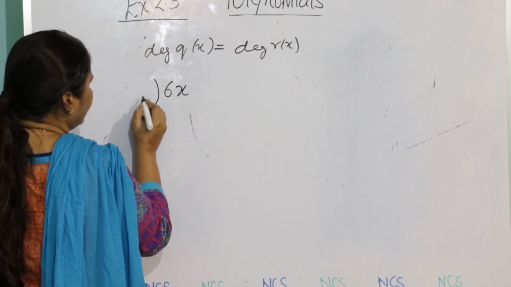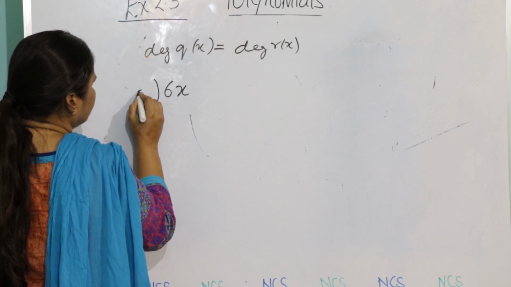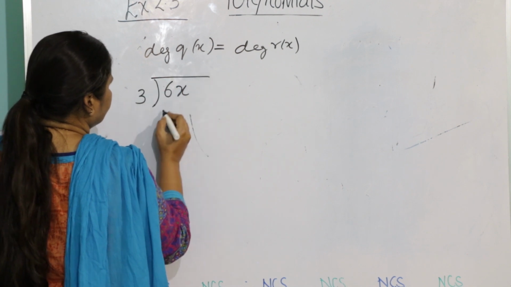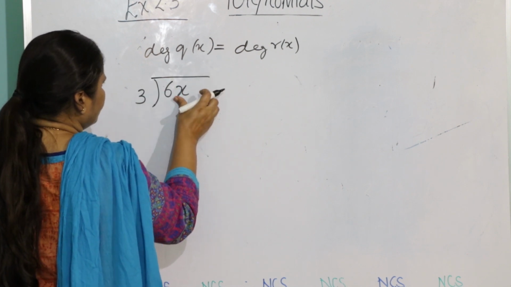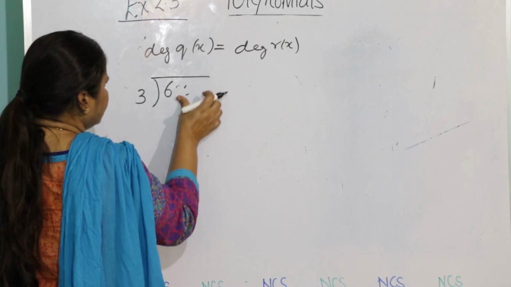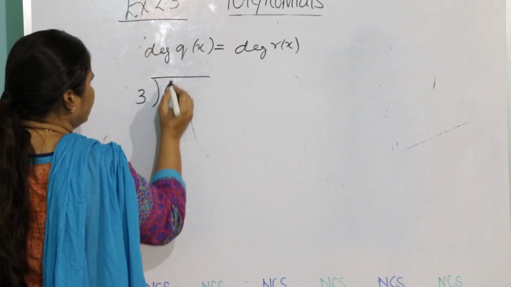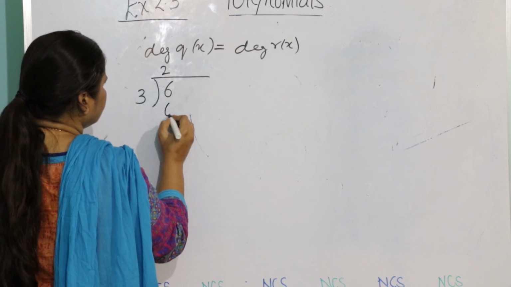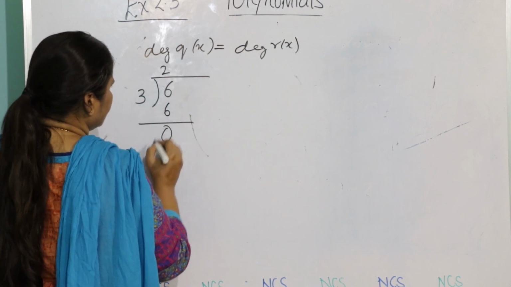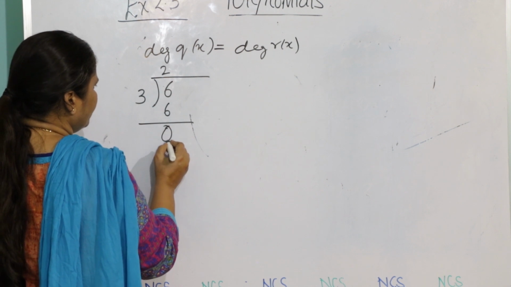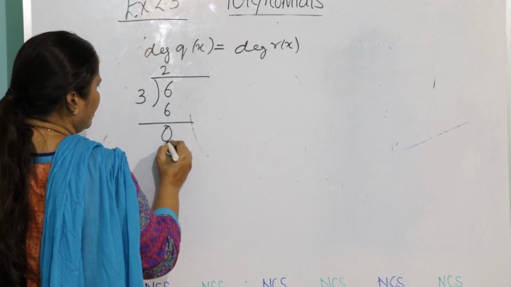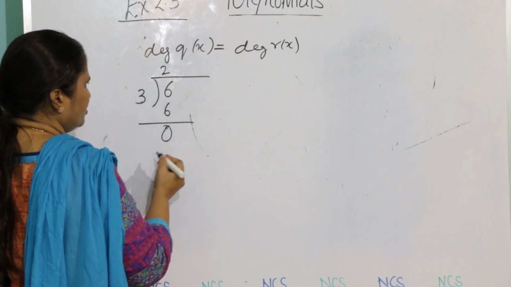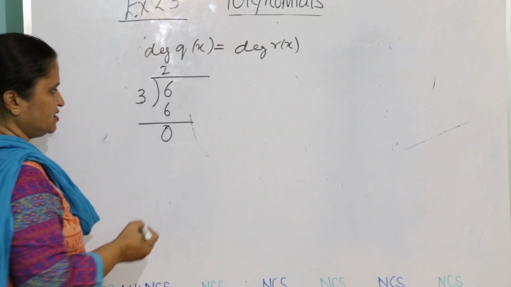You are dividing it by 3, right? Or you just take polynomial 6 only. Now 3 2s are 6, 0, right? Now here degree of r of x is 0, degree of q of x is also 0. You can take anything like this, okay?